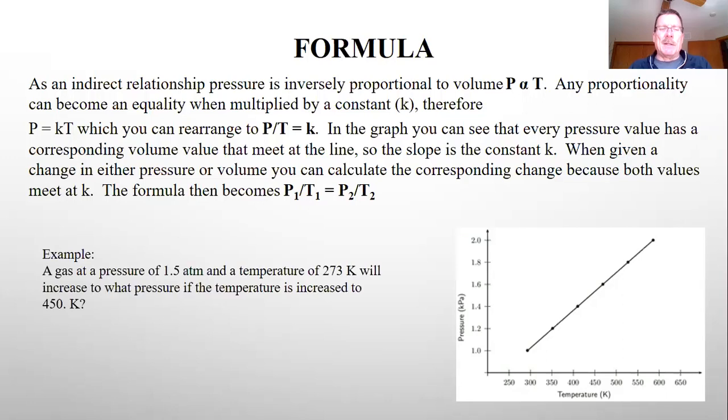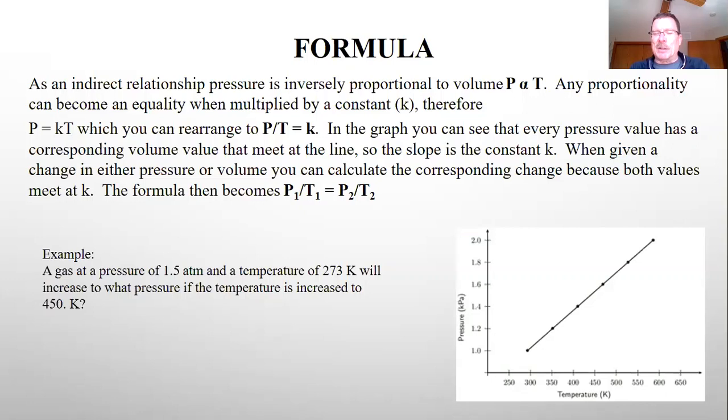Okay. So here's again an example. You have a gas at a pressure of 1.5 atmospheres and a temperature of 273 Kelvin. What pressure will it increase to if the temperature is increased to 450?